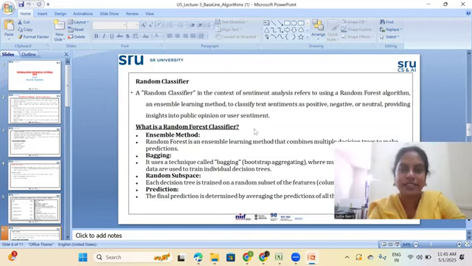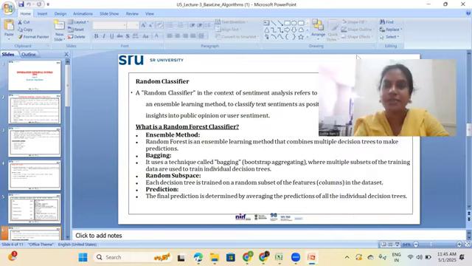So what is a random forest classifier? It is an ensemble method. Random forest is an ensemble learning method that combines multiple decision trees to make predictions. It uses a technique called bagging, bootstrap aggregating, where multiple subsets of training data are used to train individual decision trees.